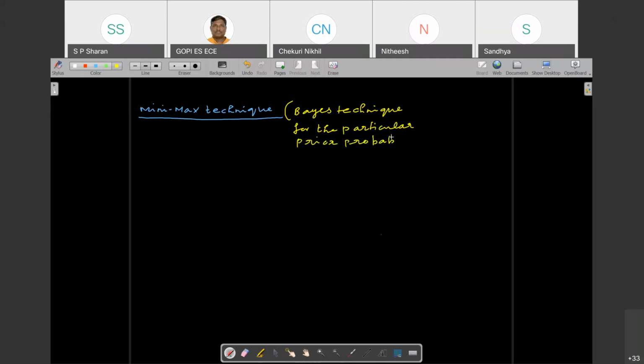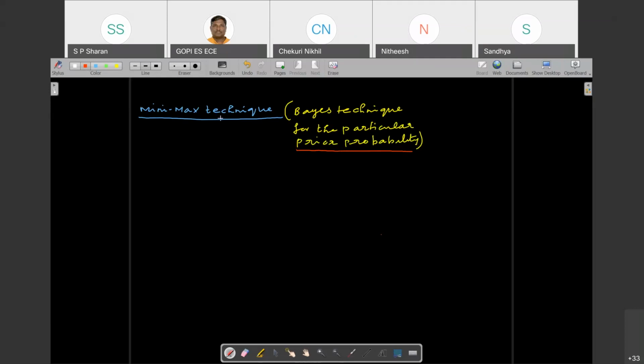So this is the thing. The minimax technique is the same as the Bayes technique only. We have to fix this probability.